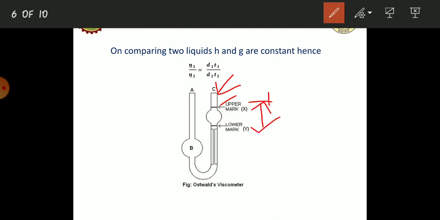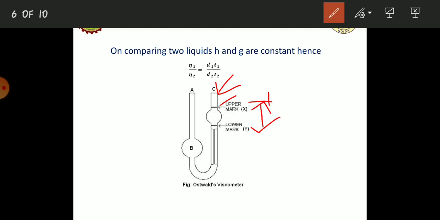Before taking the reading, first we note down the room temperature, meaning the ambient temperature. Clear? After noting down the temperature, we repeat this experiment thrice or four times.